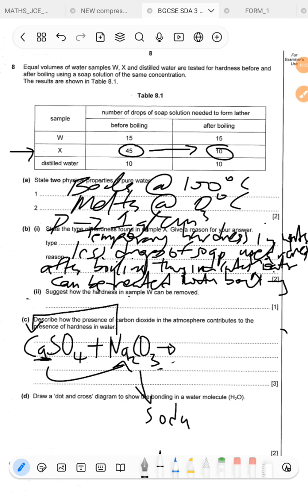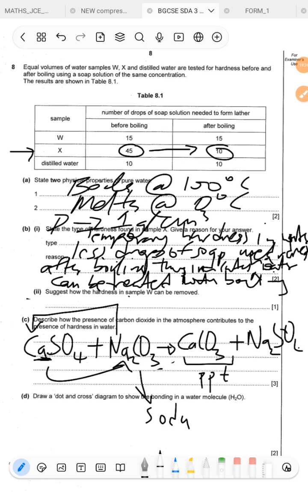In the double displacement reaction here, you form calcium carbonate plus sodium sulfate. What did I say about calcium carbonate? This guy always comes out as a precipitate as it's insoluble in water.